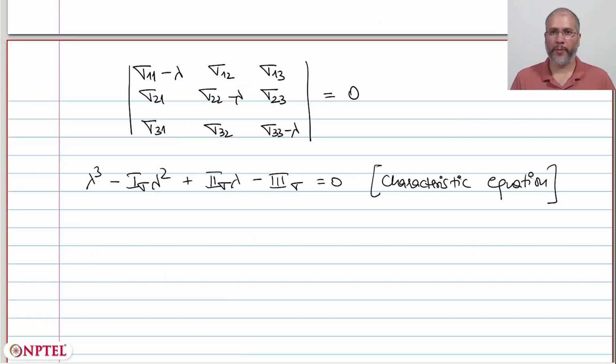Now, of course, the coefficients of this equation will be in terms of sigmas. And I have written a 1 sigma, 2 sigma and 3 sigma as the coefficients. I need to expand that and tell you what they are. So the first coefficient, 1 sigma, is in fact called the first invariant of sigma.